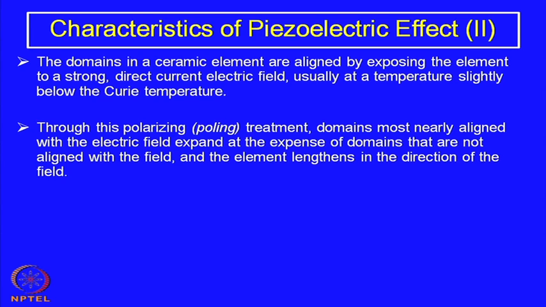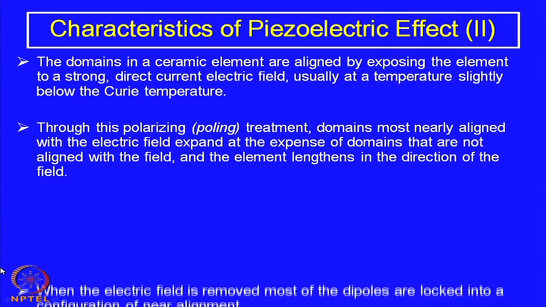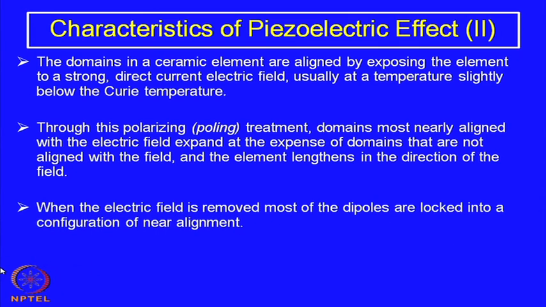So, those which are favorably oriented to the direction of the applied field grow, and the domains not so favorably oriented actually shrink. So, the element lengthens in the direction of the field, and as a result there is a dimensional change also. So, this kind of poling also leads to some amount of dimensional change, although minor.